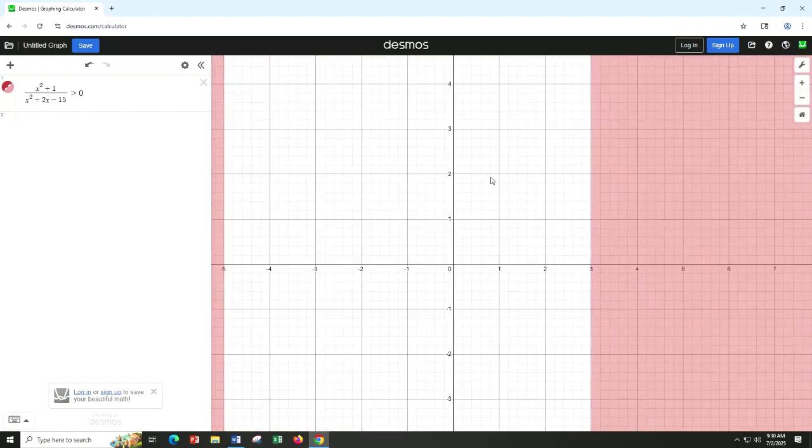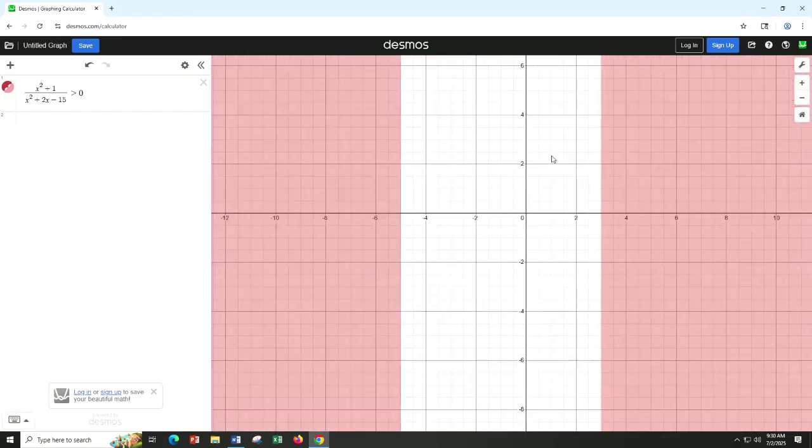Notice 5 and 3. Notice what you would have here if there was an equal sign: right here along this edge you would see a deep red line, like they would draw a specific line there. That means or equal to in Desmos. This one doesn't have that hard line.